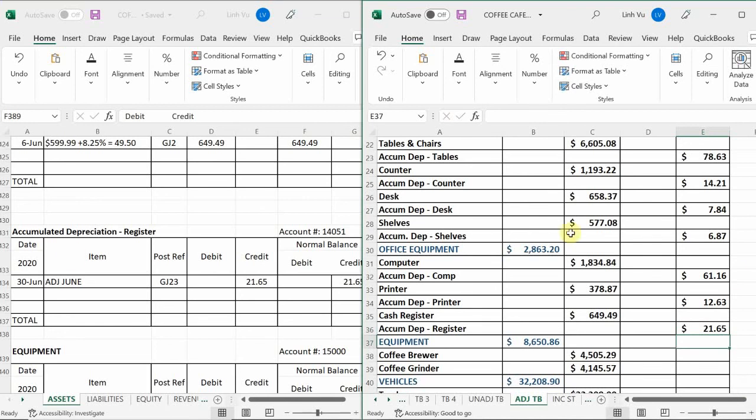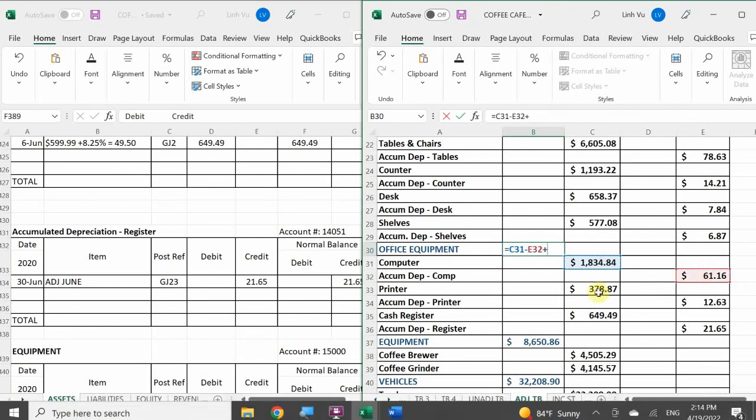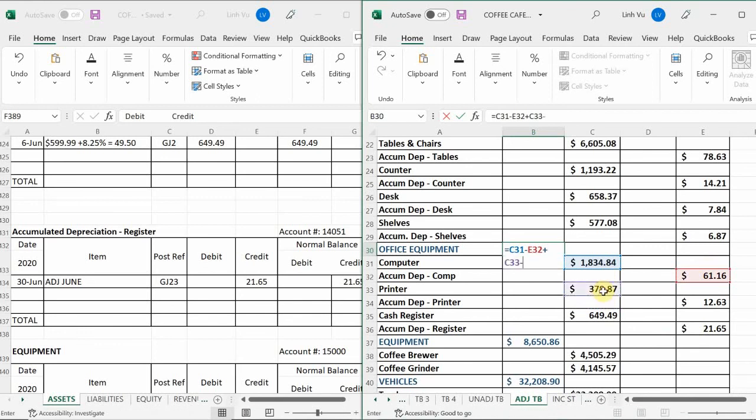So once again, I need to do that formula again. I started out with my computer, but I got to minus the depreciation. Okay. I'm going to add my printer, but minus the depreciation. Okay. And I'm going to add the register, but minus the depreciation. So now I should have $2,767.76 worth of office equipment. Okay?